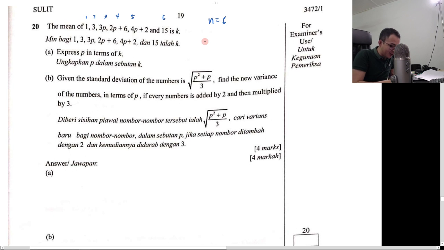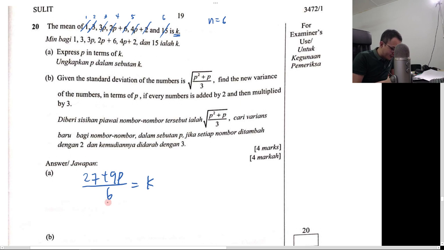Alright, so I will add all the numbers divided by 6, and then it will get k, because the question tells me the mean is k. Alright, so I will add 4, 10, 12, 27, 5p, 9p over 6 equals k.